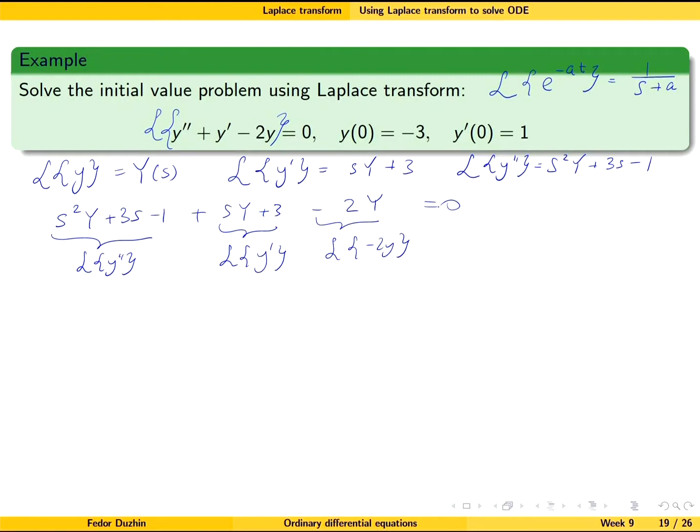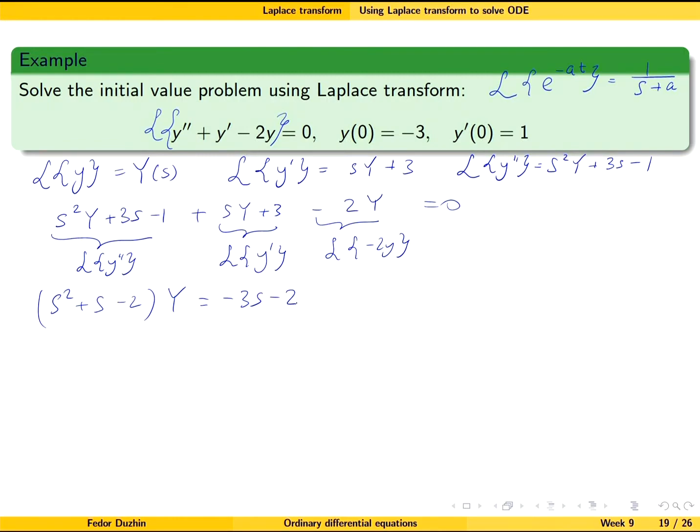Okay, so let me group together all the terms with Y. So (s squared plus s minus 2) Y, and then all the terms without Y, I'm going to move them to the right hand side. So I have 3s here, so it becomes minus 3s, and plus 3 becomes minus 1 plus 3 is plus 2, so minus 2.